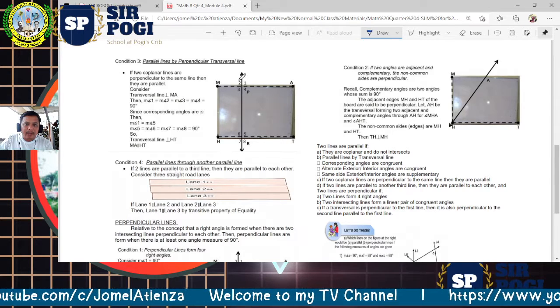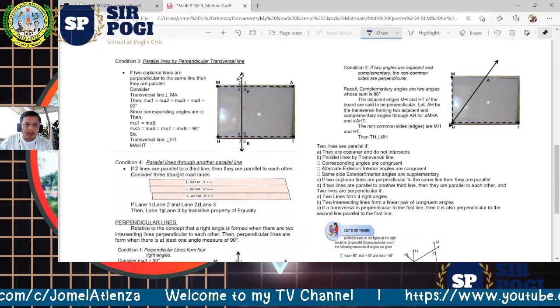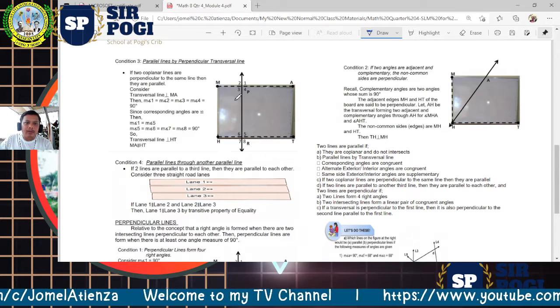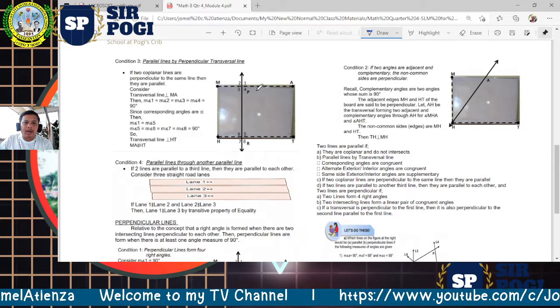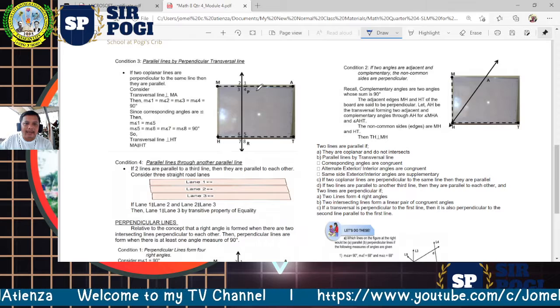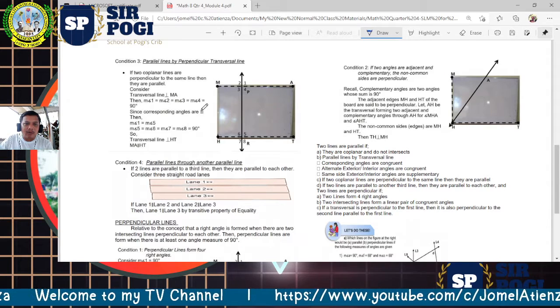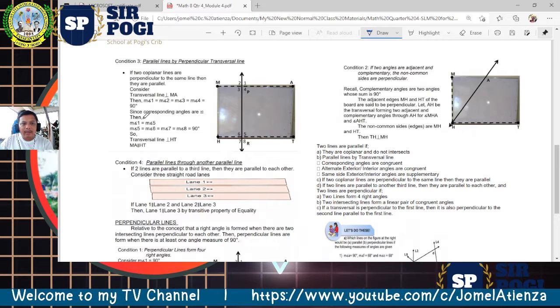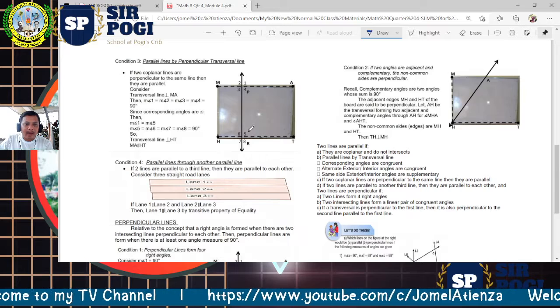Then the measure of angle 1 is equal to the measure of angle 2, which is equal to the measure of angle 3 and angle 4. So they are all equal to 90 degrees. Since corresponding angles are congruent, the measure of angle 1 is equal to the measure of angle 5.